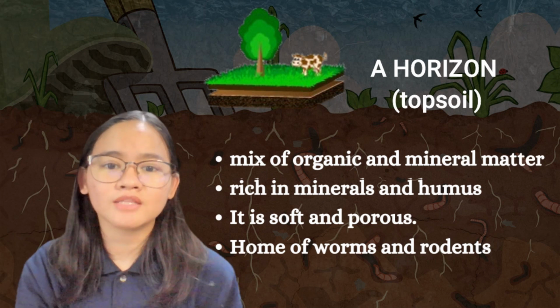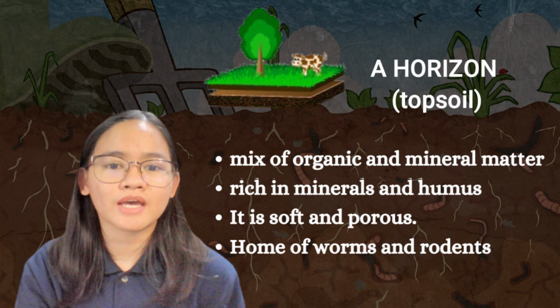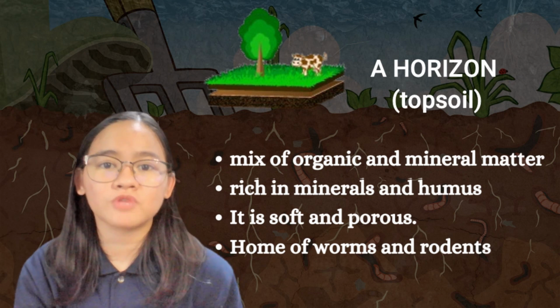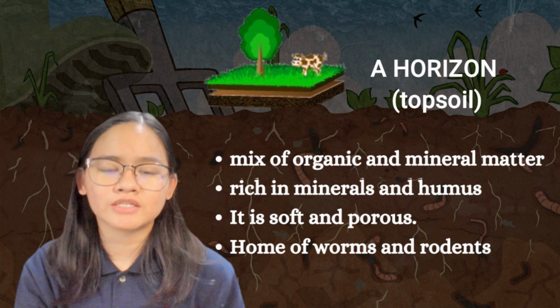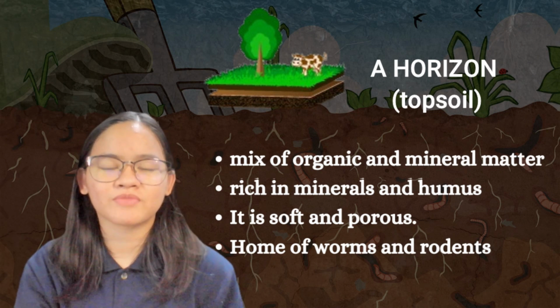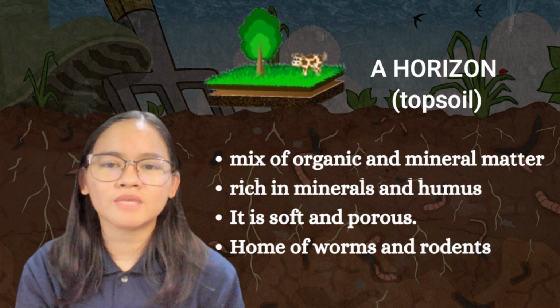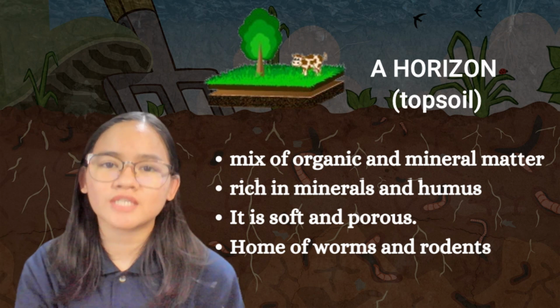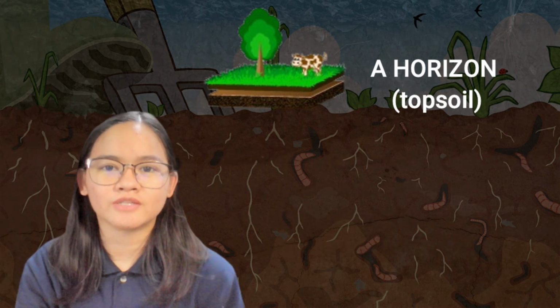Rodents, on the other hand, have the ability to dig and tunnel through soil, aerating it and assisting in the mixing of nutrient and organic materials across the soil layer. Worms and rodents are key makers of soil health, and their presence in the topsoil layer is often seen as a positive signal of a healthy and fertile soil.